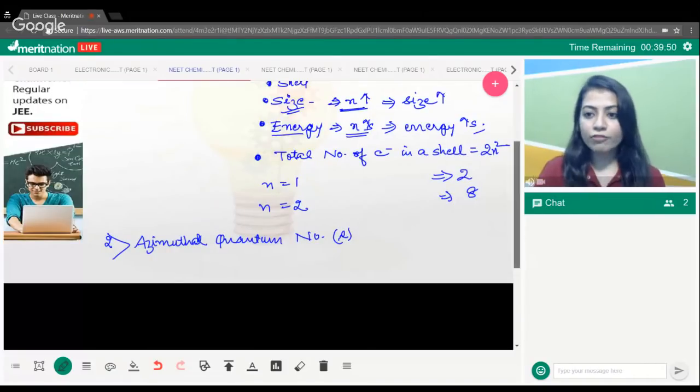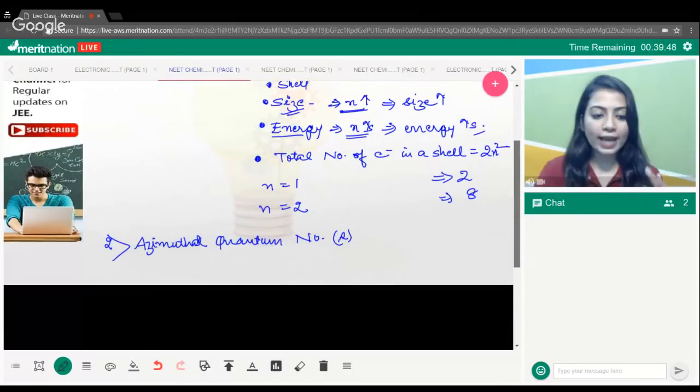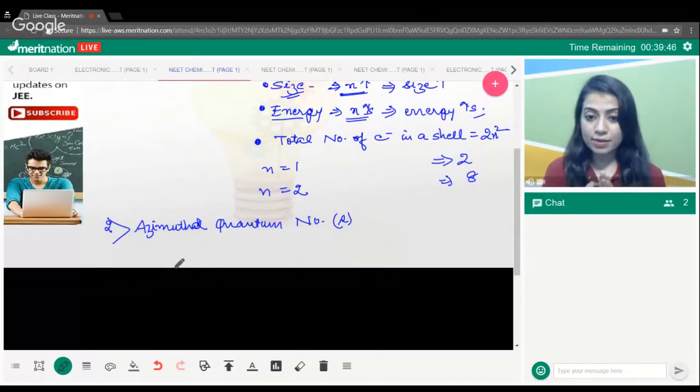Now, what does this l tell us about? This tells us which subshell a particular electron is present in. Okay, the subshell the electron is present in.